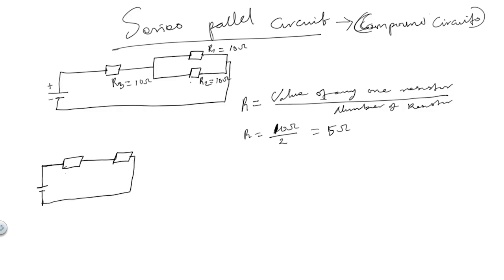This would now be R3. So R1 plus R2 is equal to R3. We can still call this R3 if we like. Say 10 ohms here, 5 ohms here. We calculated this as 5 ohms, if you can remember.